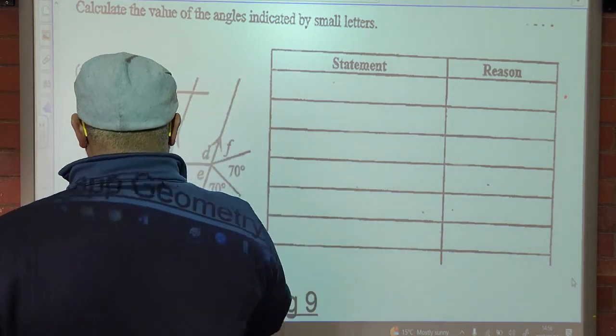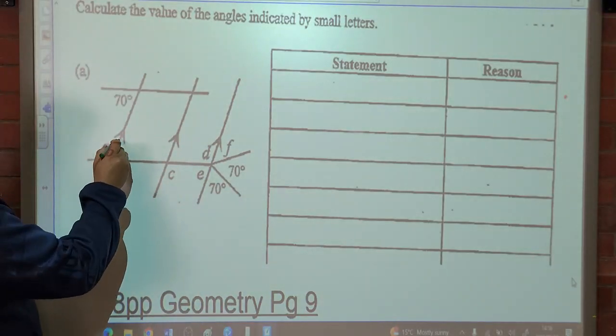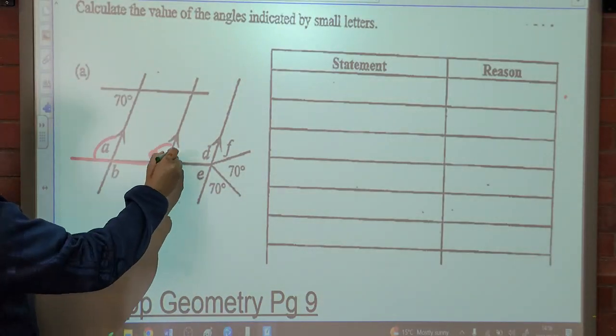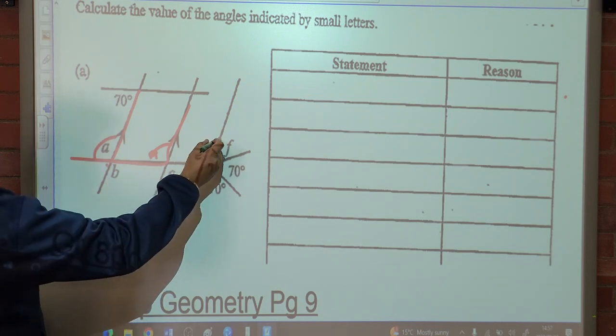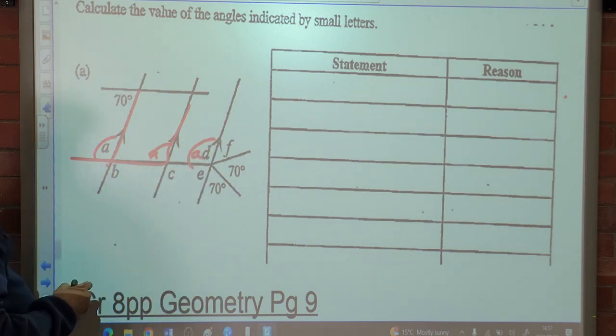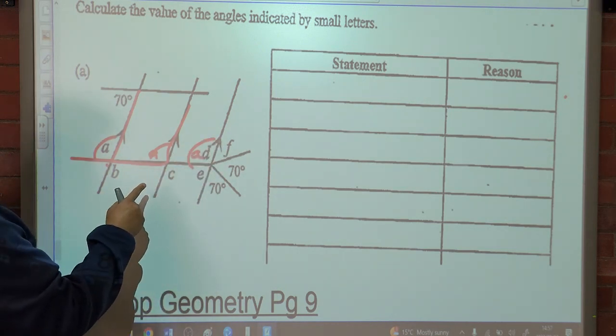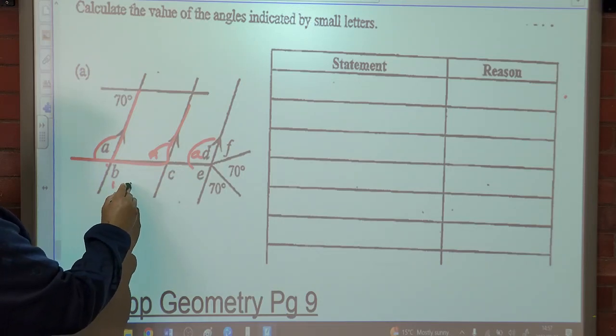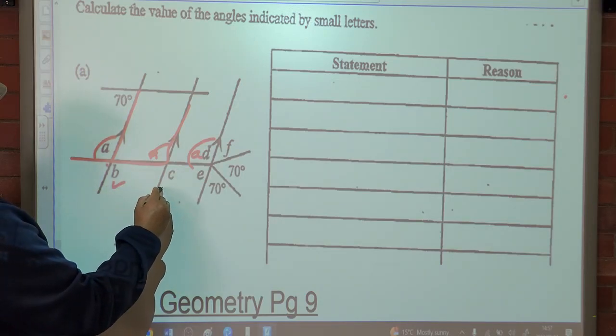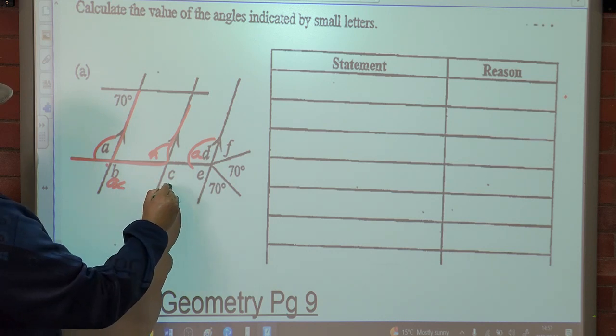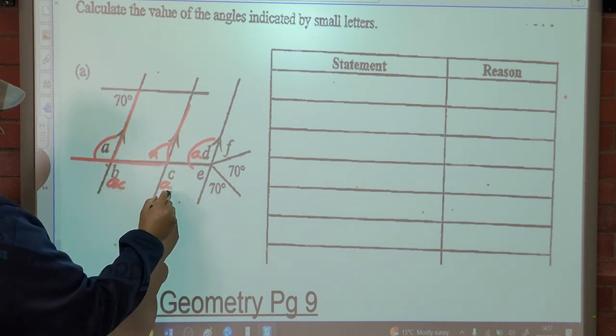Because if you look at this here, I can say, okay, this is A. That will be A because it's corresponding. And this would be A. No? B is the same as A, vertically opposite.